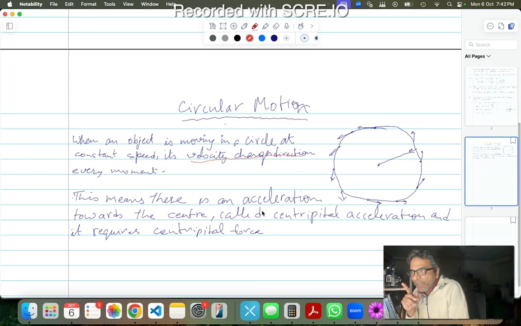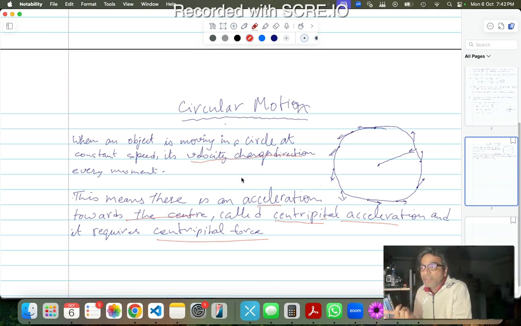That's why we have an acceleration towards the center, called centripetal acceleration, and because that acceleration is required, it requires centripetal force.